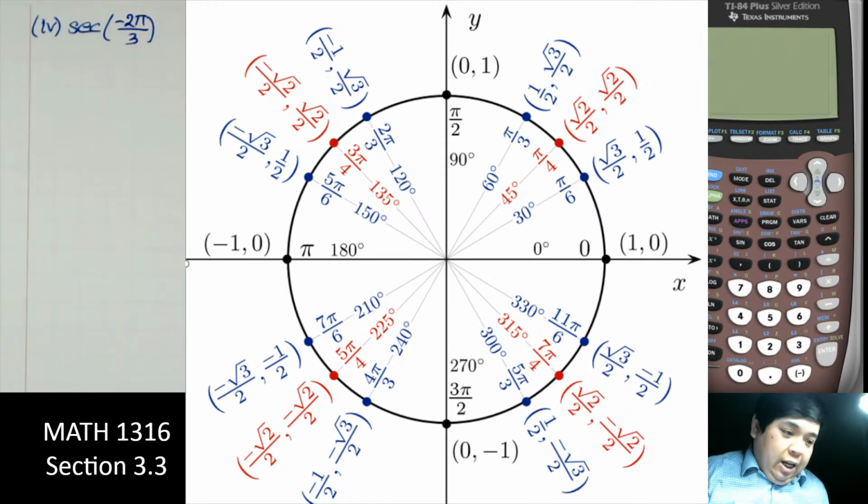So, secant of negative 2 pi over 3. Okay. If we go 2 pi over 3, it will be this point, right? But if we go negative, it has to be the opposite direction and will be this point.